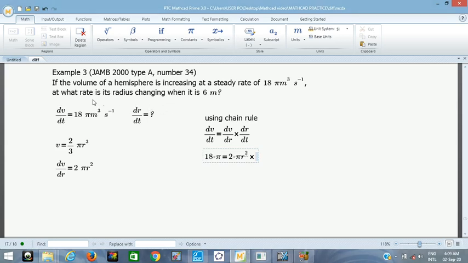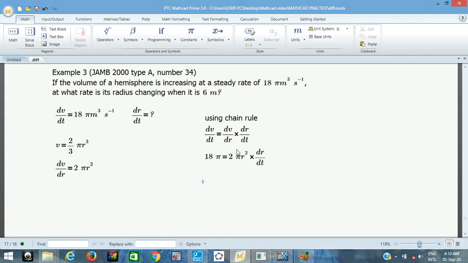That is what the question says we should calculate. At what rate is its radius changing? So how is the radius changing with time? That is dr/dt. So this is what we are calculating. Then what next? Divide both sides by pi. When you divide both sides by pi, pi cancels out.